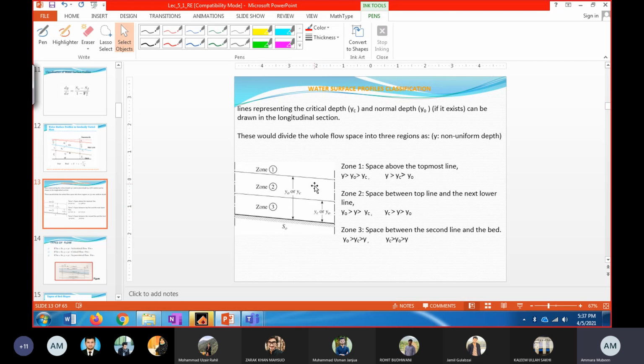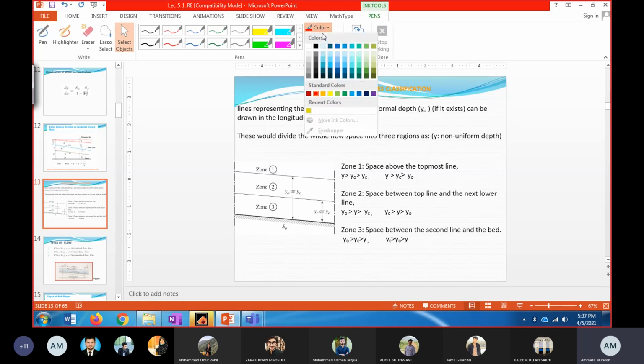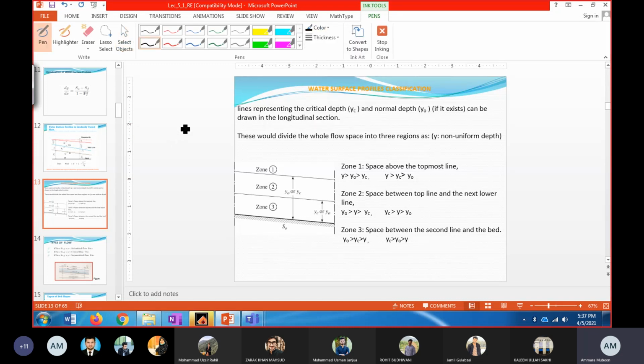We divide this whole depth of the channel into three zones to classify the flow, and we call the topmost, this line above, zone 1, and then zone 2, and then zone 3. So for one steady flow, if you are given one discharge value, like Q is given, and that is constant for any channel, then you have one value for critical depth and one value for uniform depth.